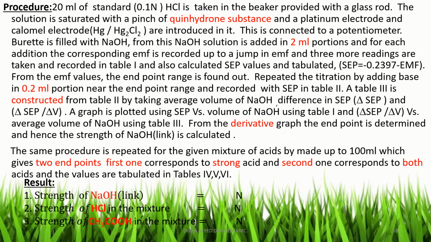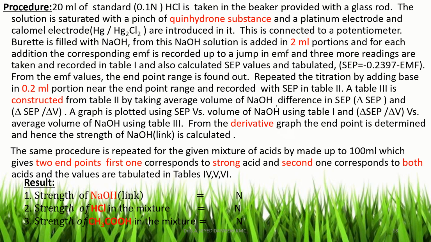From the burette, a 2 ml portion of sodium hydroxide is added to the acid solution and stirred well, and the EMF reading is noted and recorded in table 1. Again a 2 ml portion is added and stirred well, and readings are taken up to a sudden change in the EMF. Afterwards 3 more readings are taken.